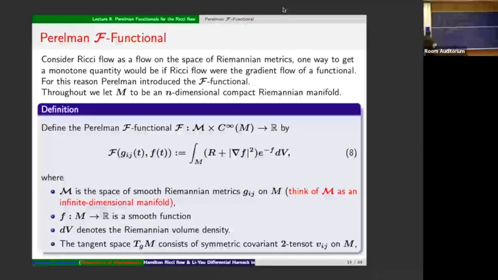Let's quickly show. If you want the variation of this energy with respect to t of this energy functional, this gives us, you have to differentiate this. Let's add a half here to make that energy.